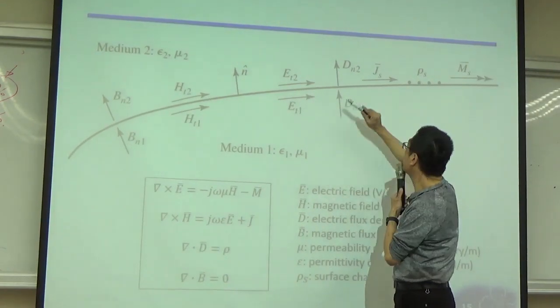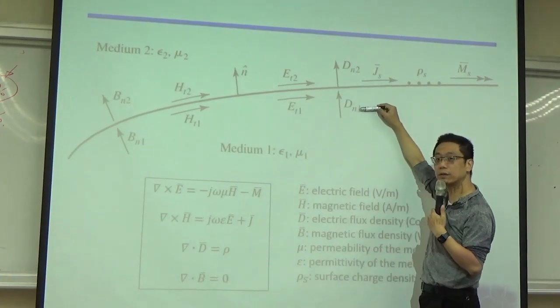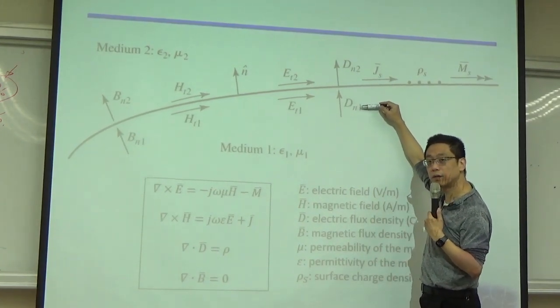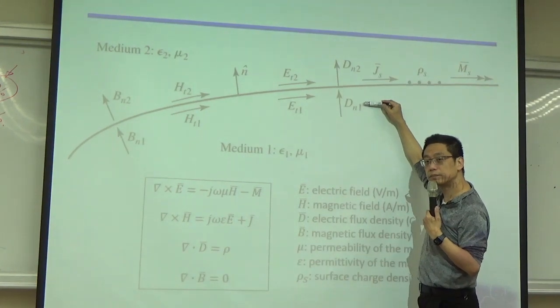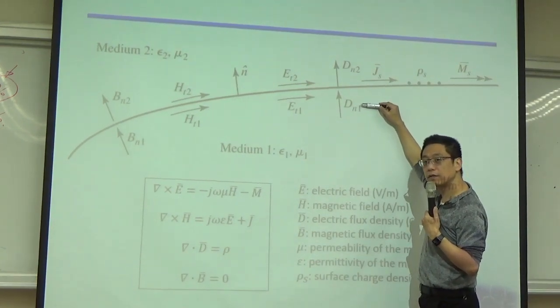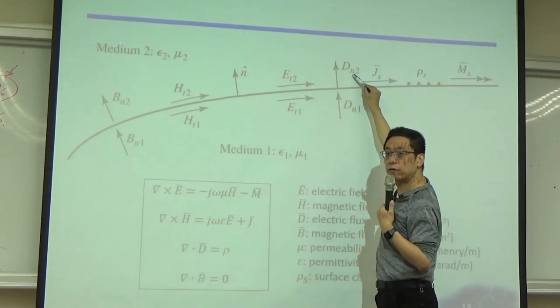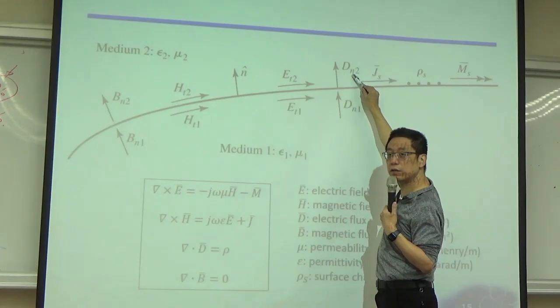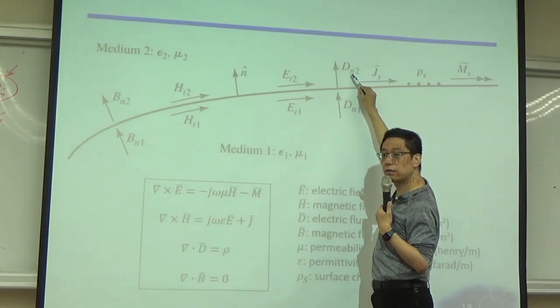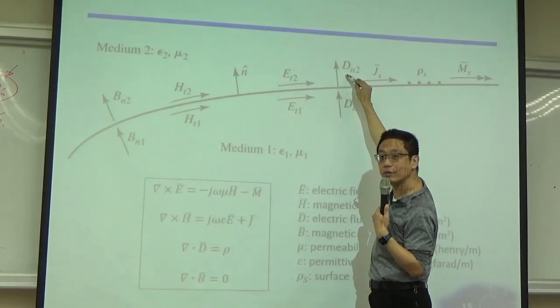Flux. And why do we write down N1 and N2? Because on a surface there are so many electric field lines. Yes, so that's one of them. So okay, what does N stand for? 1 and 2 mean medium 1 and medium 2, right?